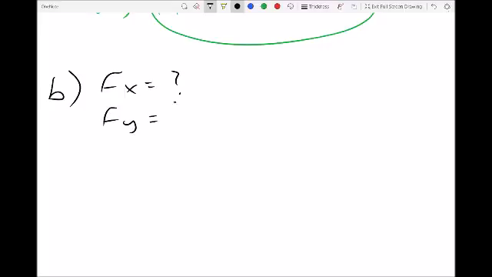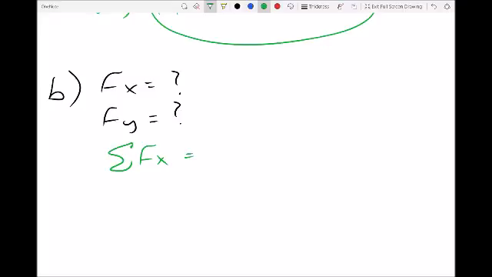Now B is asking for the horizontal and vertical forces exerted on the beam by the pole. So we're looking for the horizontal force and the vertical force, which we had written on our diagram earlier.